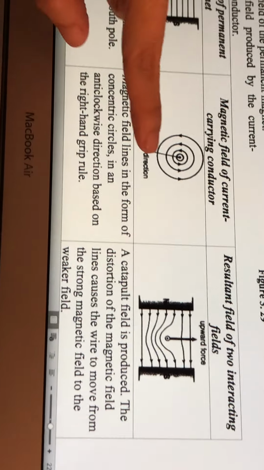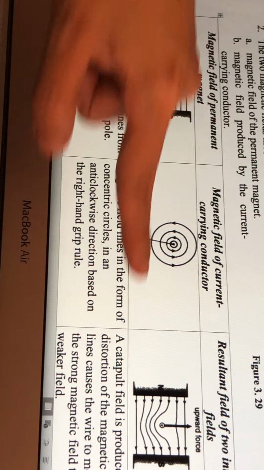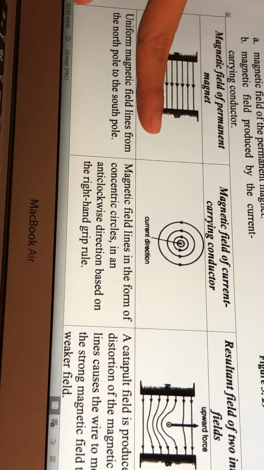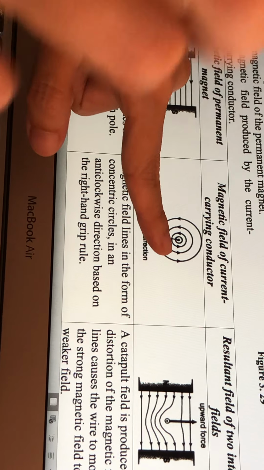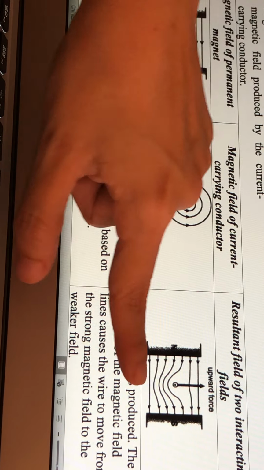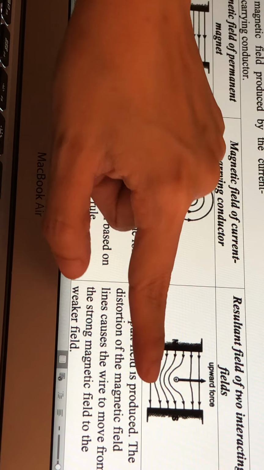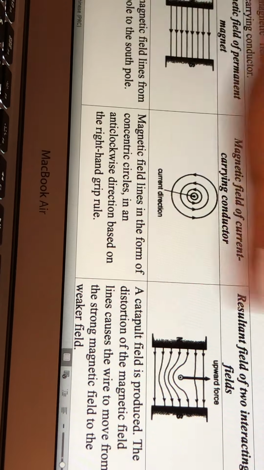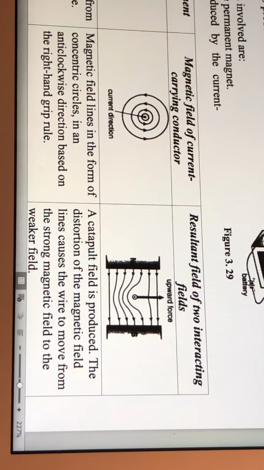While in the lower part, the electromagnet field and the permanent magnet field flow in the same direction, so it becomes stronger. In the exam, when you draw the lines, you have to draw more lines at the bottom and fewer above. As a result, the stronger pushes the weaker, which causes a rotation effect, which we need in a motor.